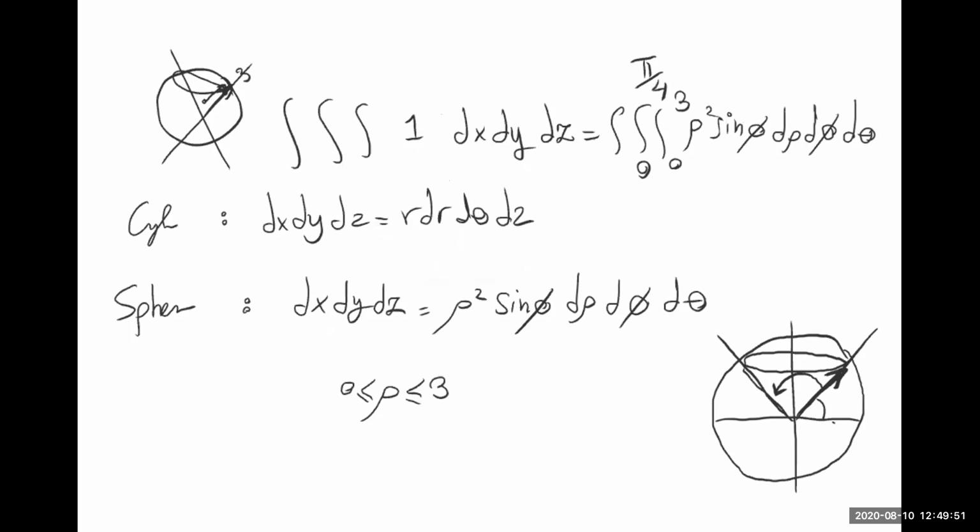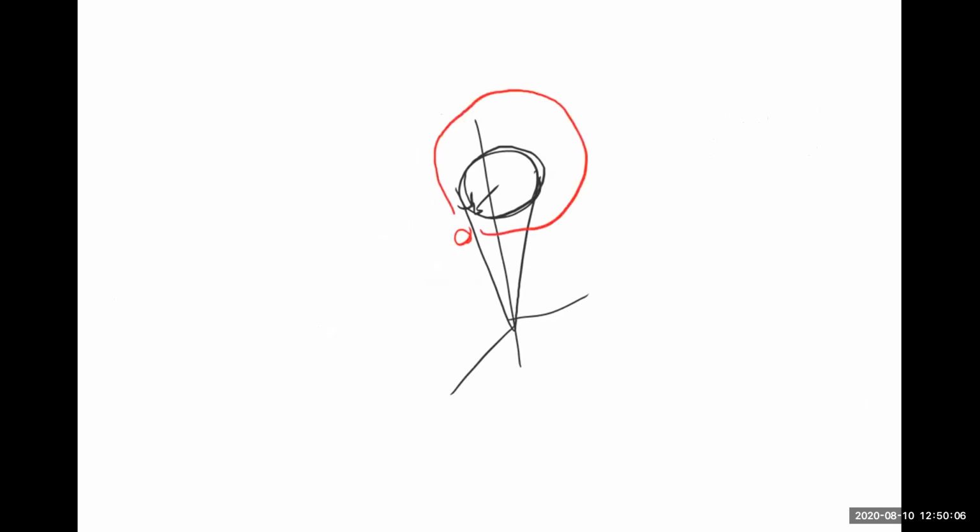What about theta? Theta is this angle. If I have this cone, theta is this angle which goes around this cone. And as you can see, it goes from 0, around once completely to 2 pi. So theta is between 0 and 2 pi.